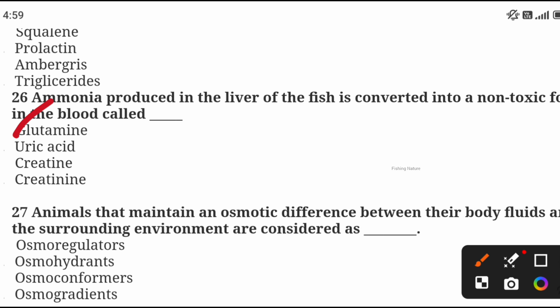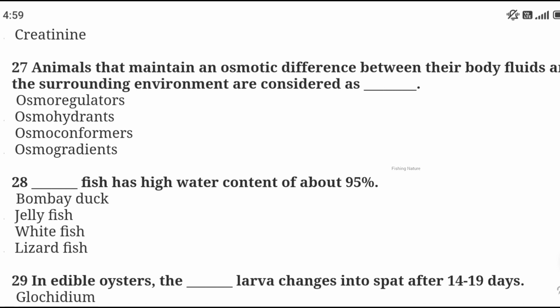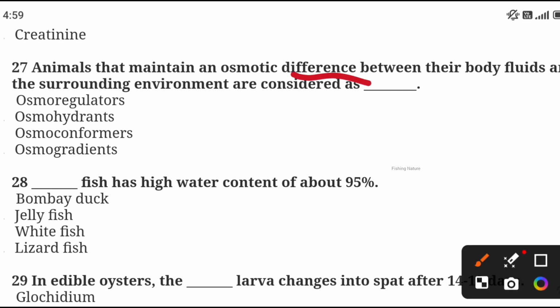Next, animals that maintain an osmotic difference between their body fluids and the surrounding environment are considered which animals? They are osmoregulators. Osmoconformers have the same osmotic concentration in the body fluids as in the surrounding environment, but osmoregulators maintain this difference.